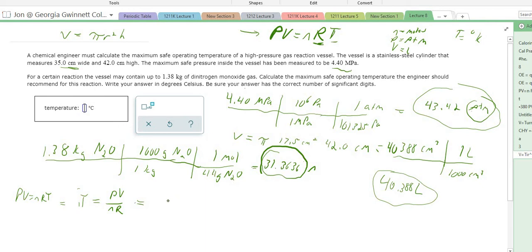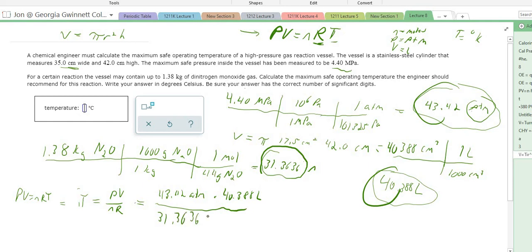Plugging everything in: for the pressure, 43.42 atmospheres, times the volume, 40.388 liters, divided by the number of moles, 31.3636, times the gas constant, 0.08206. If I do that, I get 681.28.